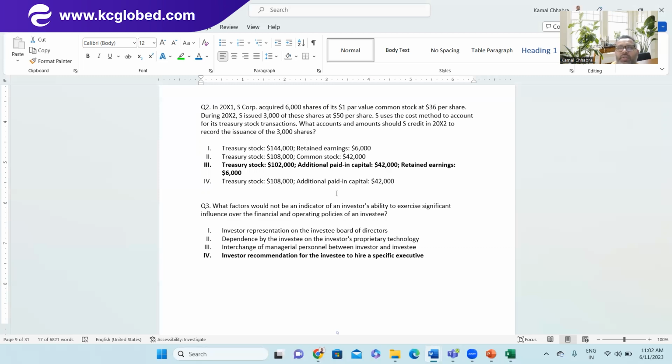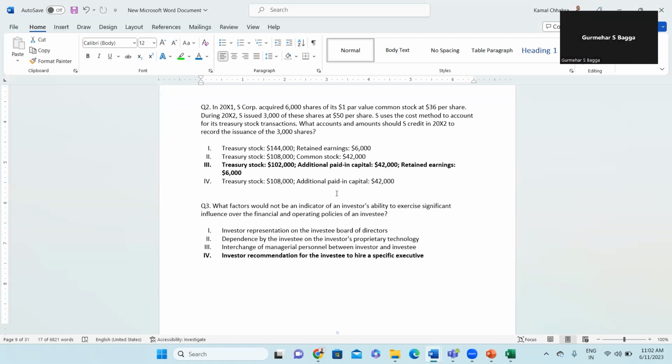You know what is treasury stock? Any idea what is treasury stock? We discussed it in the very first class along with the definition. Sir, the outstanding shares we had earlier, we repurchase them from the market. The same way in India we call it buyback of shares.